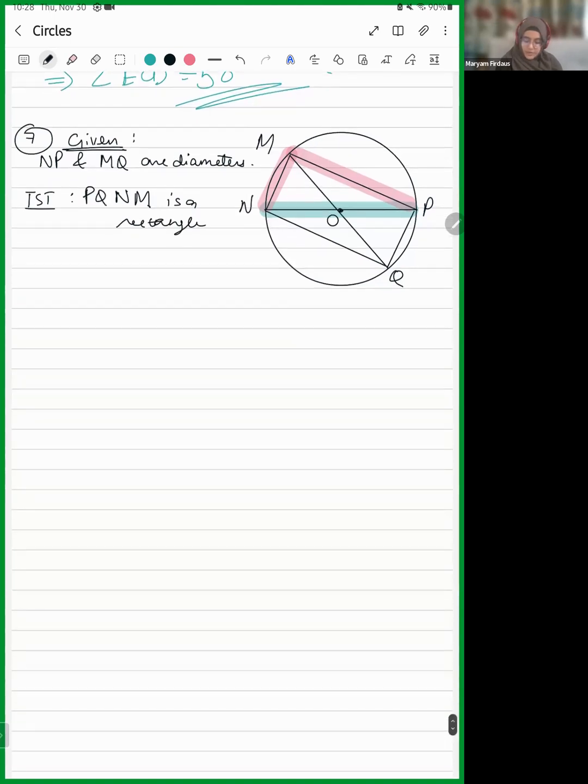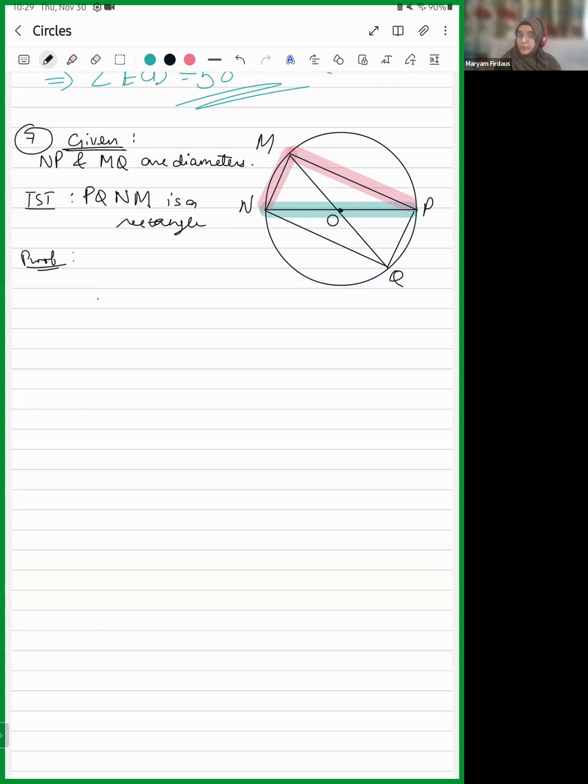All right. So first, let's write the proof. Let's try to prove that the diagonals bisect each other and are equal. If we prove that the diagonals are equal and they bisect each other, then we will be able to show that this is a rectangle.